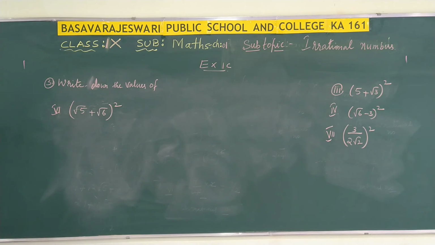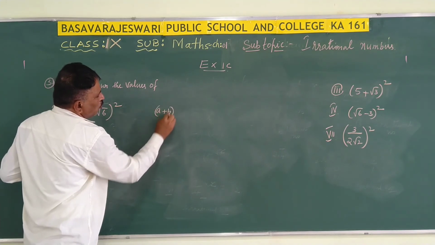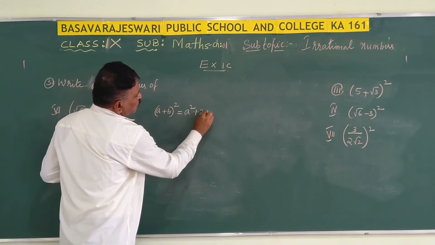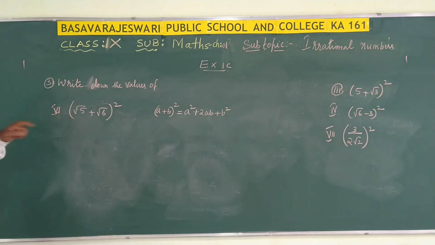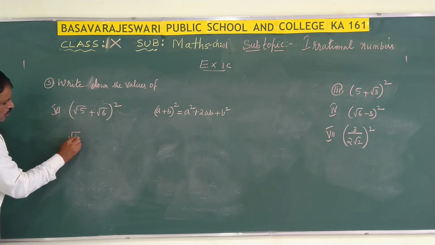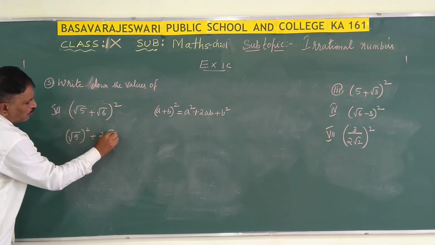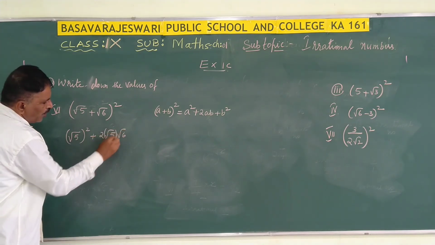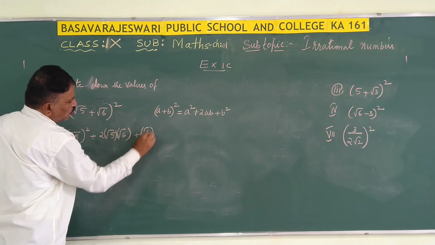Again, you need to expand this according to the formula a plus b whole square, which is equal to a square plus 2ab plus b square. According to that formula, it can be written as root 5 whole square plus 2 times root 5 into root 6, plus root 6 whole square.